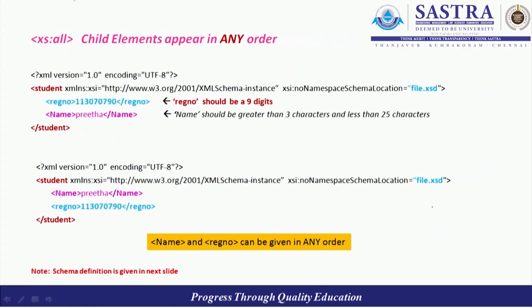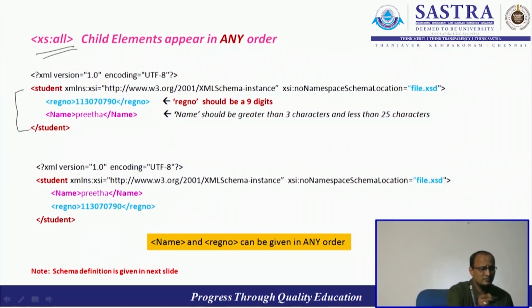Look at this example for xs:all. The student element I have created in the XML document carries two child elements: one is register number and another one is name.